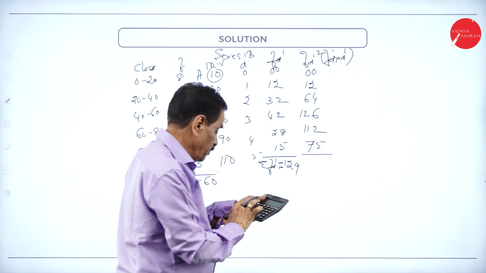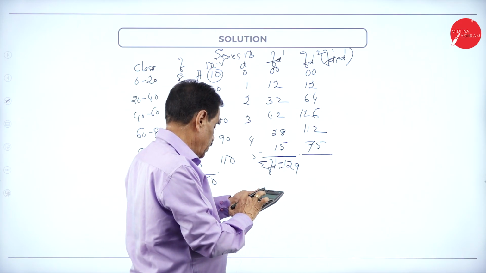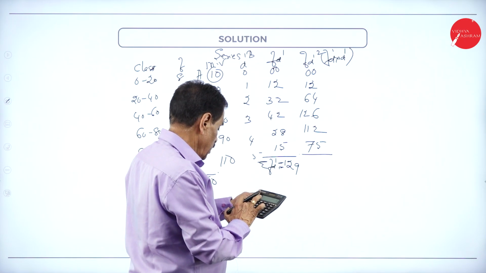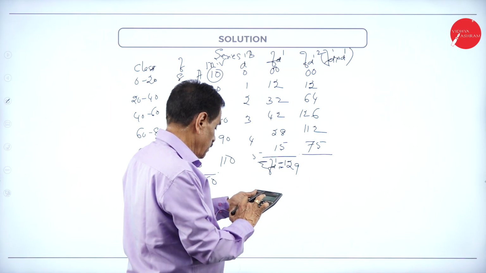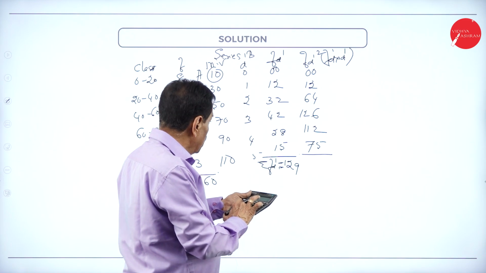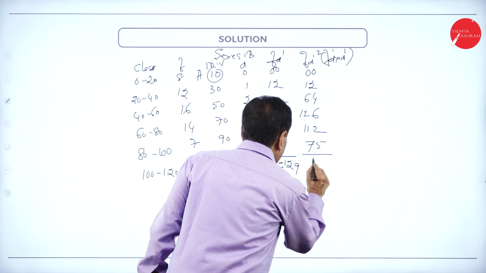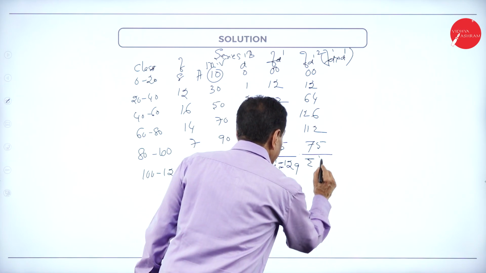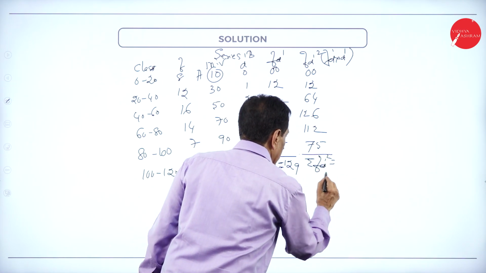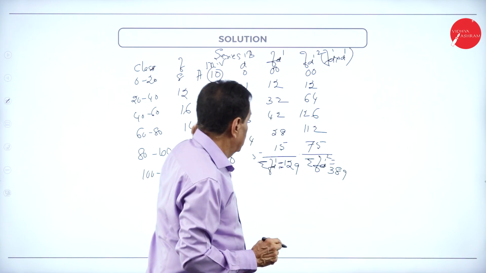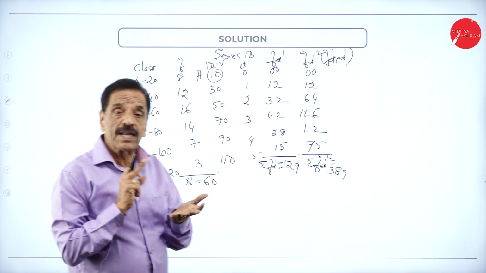Add: 12 plus 64 plus 126 plus 112 plus 75, 389. Sigma f t dash square is 389.